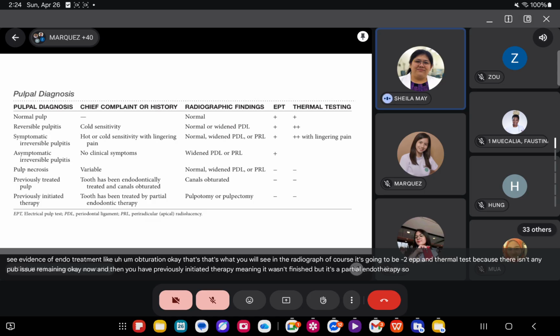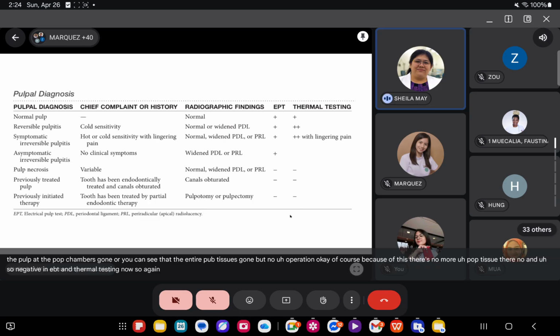So it could be a pulpotomy or pulpectomy. You see the pulp at the pulp chamber is gone, or you can see that the entire pulp tissue is gone, but no obturation. Of course, because of this, there's no more pulp tissue there, and so negative in EPT and thermal testing.